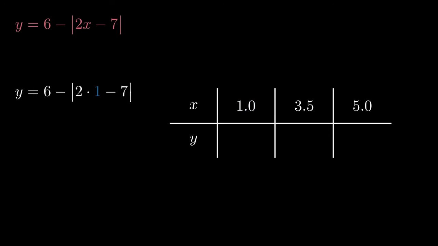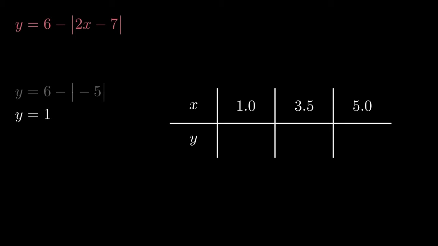There's 1. That gives us negative 5 inside the absolute value. And that means we take away positive 5. So we get 1.